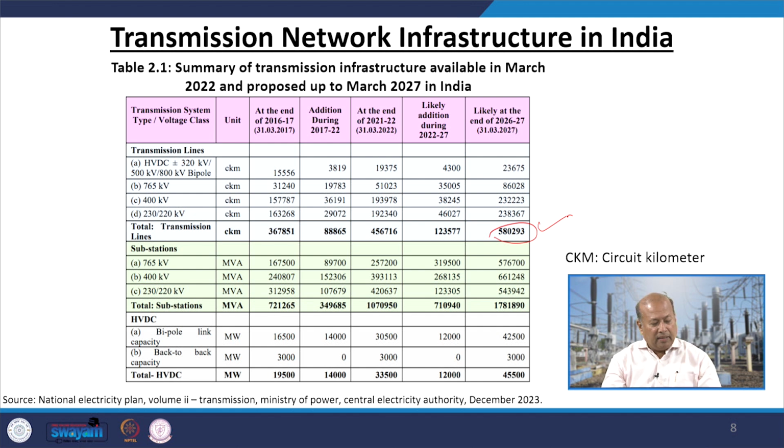And similarly, the substations, we do have almost close to 1,781,000 substations. And then we have the HVDC network, which is close to a capacity of 45,000 megawatt as of today in this country.